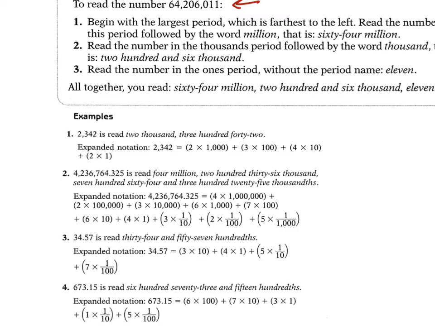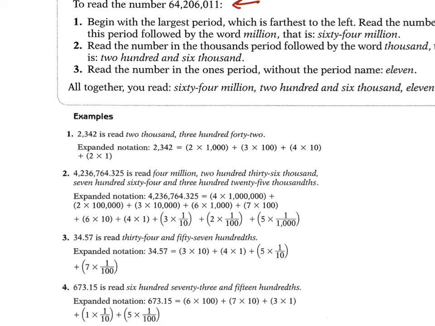The 2 is in the 100,000, so it's 2 times 100,000. 3 times 10,000 plus 6 times 1,000 plus 7 times 100 plus 6 times 10 plus 4 times 1 plus 3 times 1 over 10 because it's in the tenths, plus 2 times 1 over 100 because it's in the hundredths, and then plus 5 times 1 over 1,000.